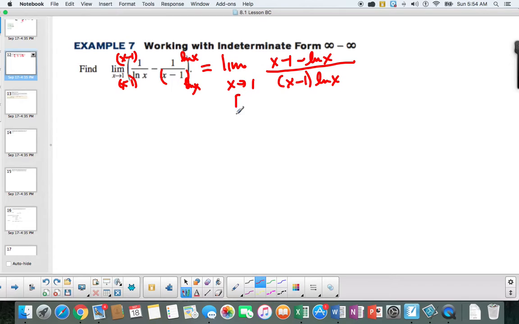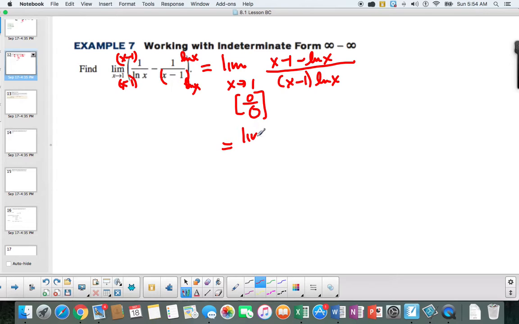Now, the denominator will be, as x gets close to 1, this is 0. X gets close to 1, that's going to be 0, so 0. And then again, we're going to have 1 here, that's 0, and getting close to 1 here, that's 0. So we have changed this form into something that's a little bit more comfortable.